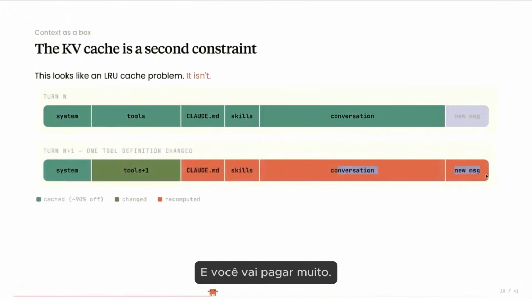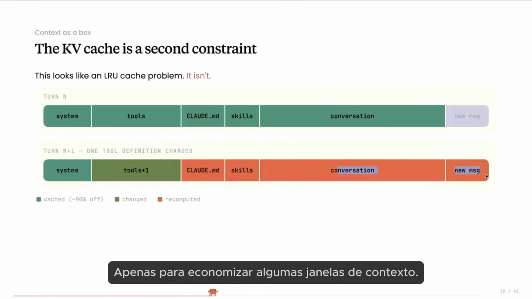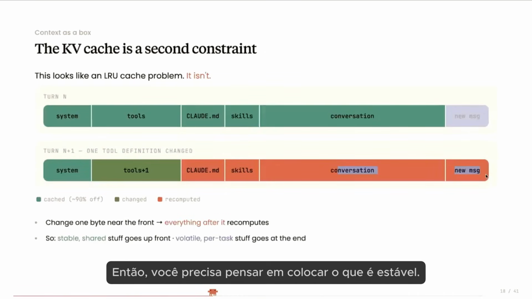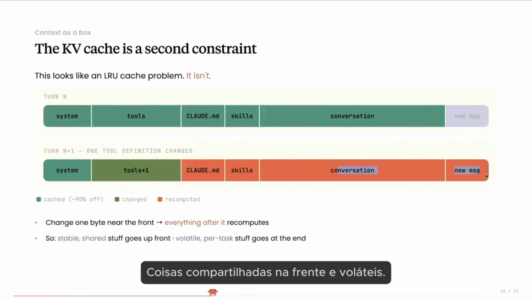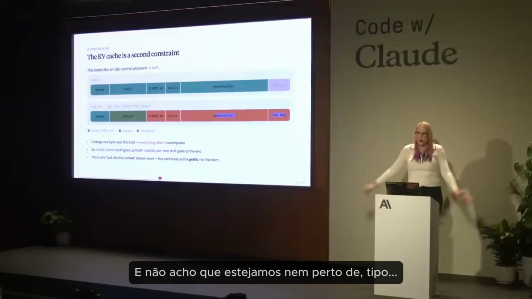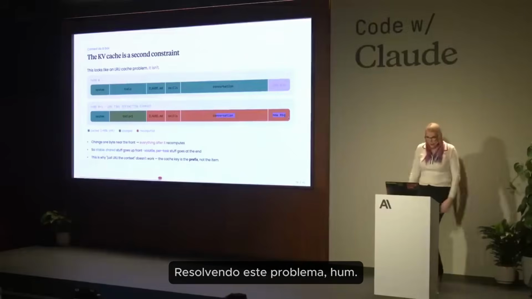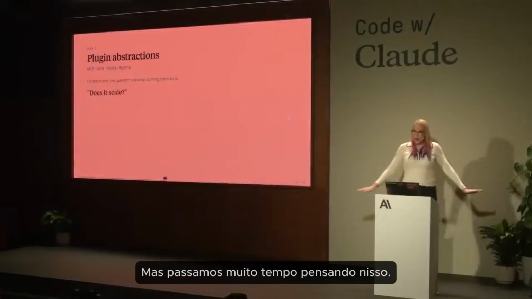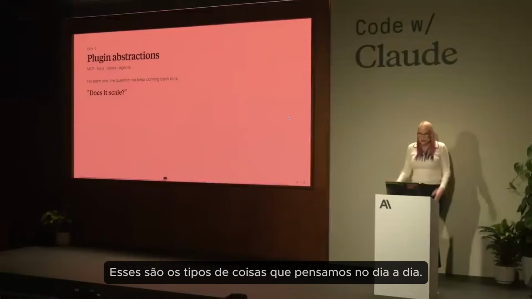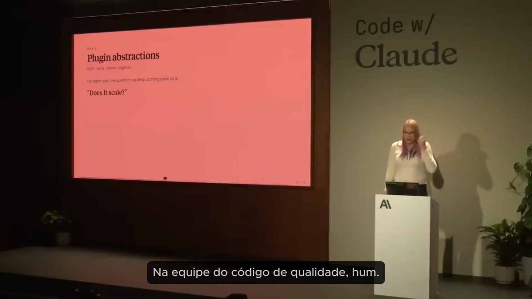And you're going to pay a whole lot for a lot of expensive tokens just to save some context windows. So you really have to think about putting stable shared stuff at the very front and volatile per task information closer to the end, right? So that you can evict it without too much cost. There's a lot of complexity here, and I don't think we're even close to solving this problem. But we spend a lot of time thinking about it. These are the kinds of things we think about day to day on the Claude Code team.